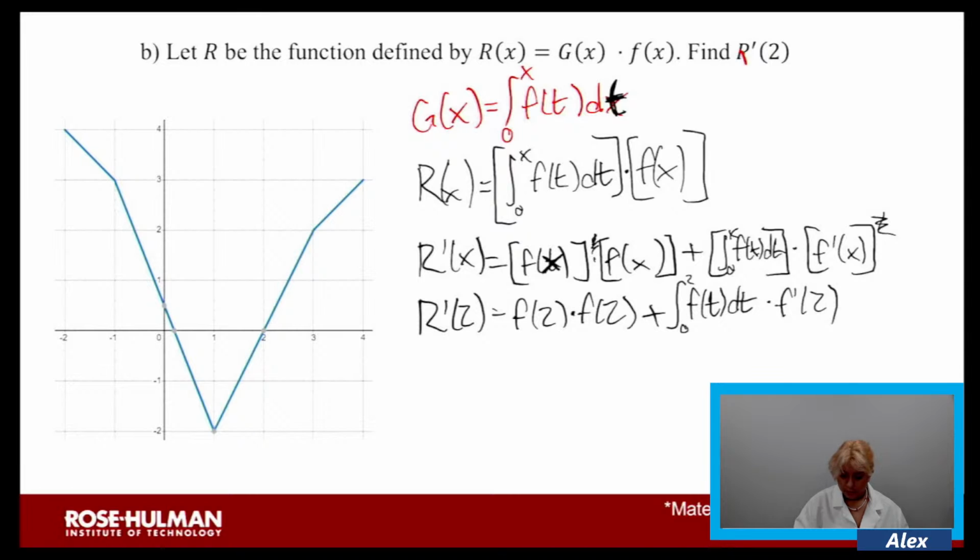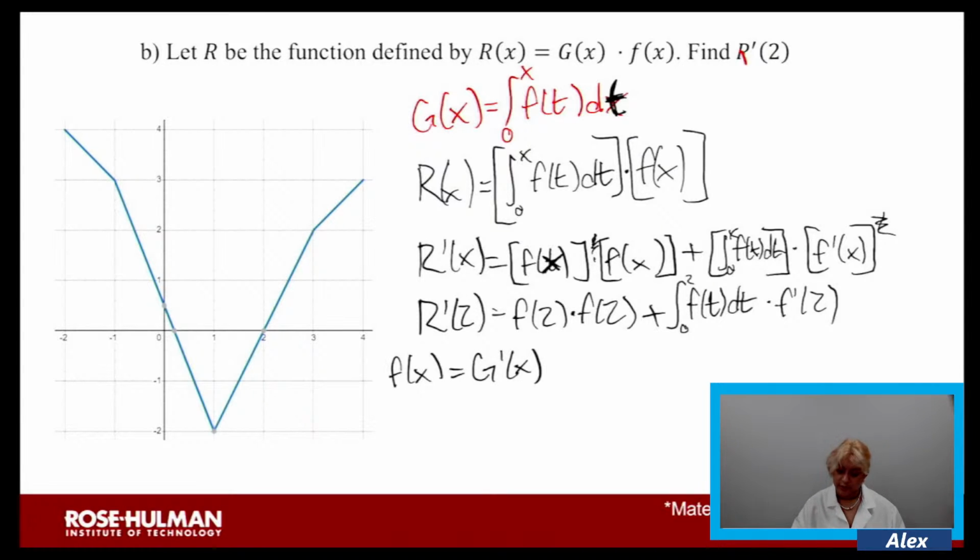So to use this graph over here, if we know that this graph gives us the integral of our function f of x, then it is the area under the graph at f of x. So to find f of x is equal to g prime of x.